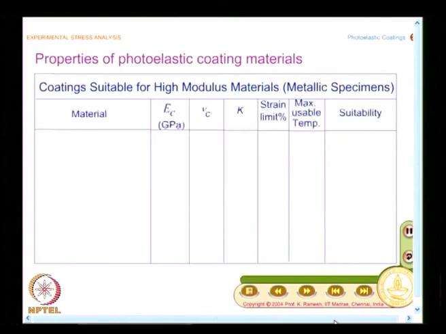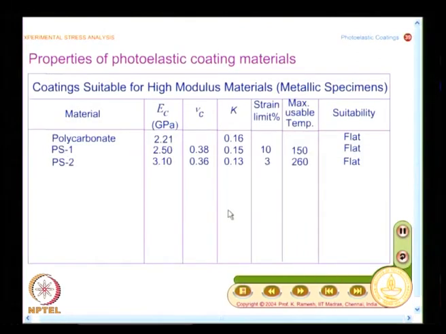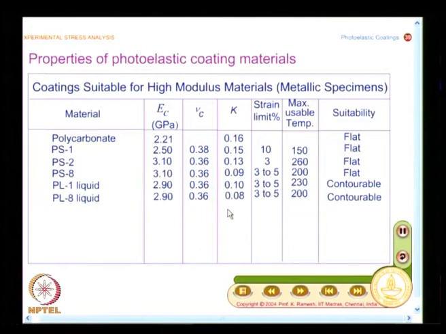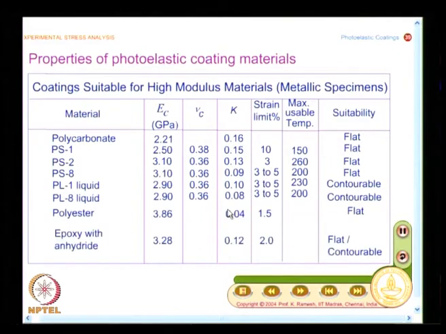And I said that the Young's modulus is a very key factor, because we do not want this to reinforce the specimen. So, you have coatings available separately for high modulus materials, and if you look at the Young's modulus, it is around 3 GPa, whereas with metallic materials, aluminum is 70 GPa and steel is 210 GPa.